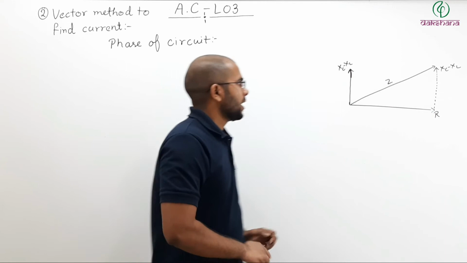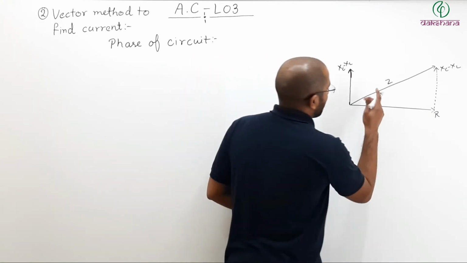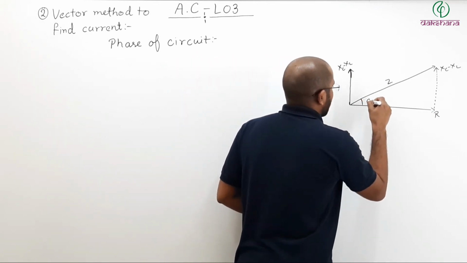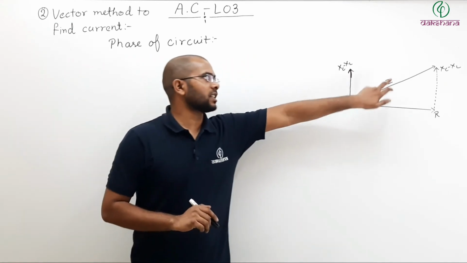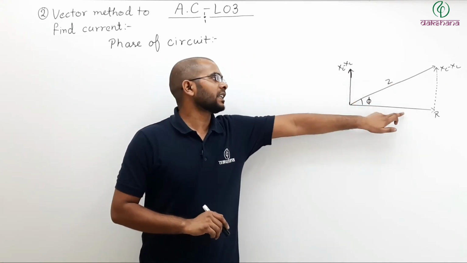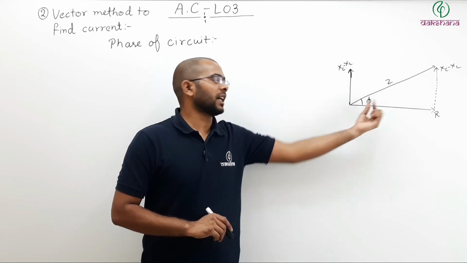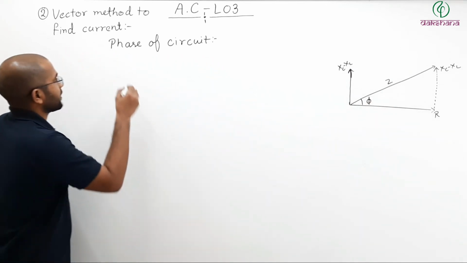Now if you pay attention, Z is this. And if I talk about the angle made between the effective resistance, which is the Z vector, and the R vector, that will be phi here. So can I write like this?